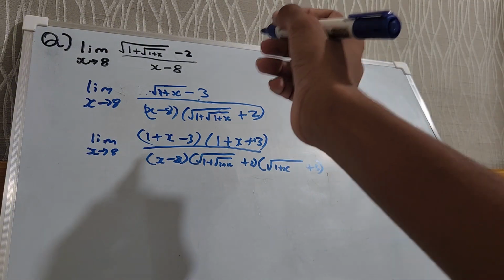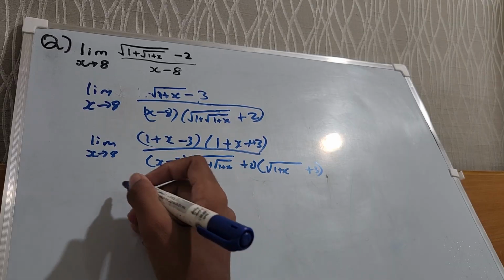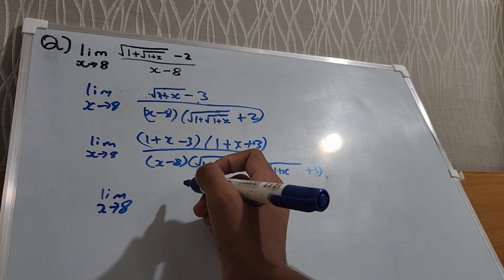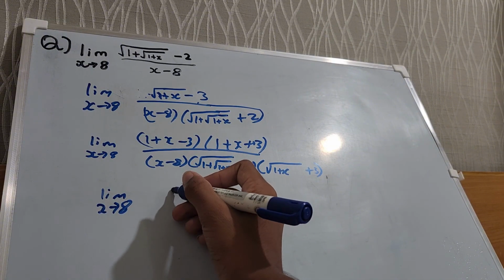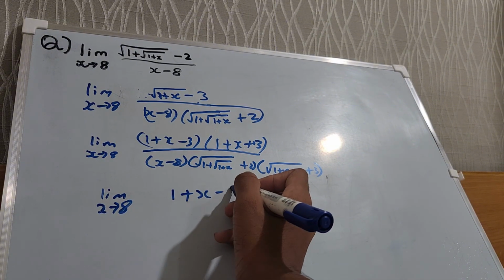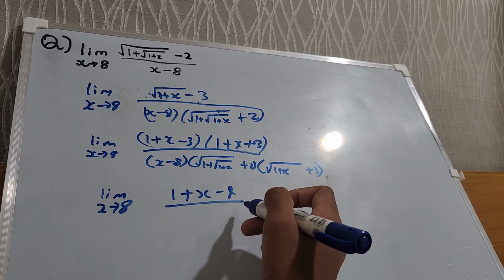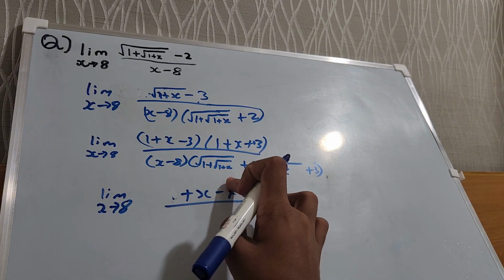Now what we can take it as? We can take it as limit x tends to 8. This one we can take as 1 plus x minus 9, right, by, so we can just write it as minus 8, right?